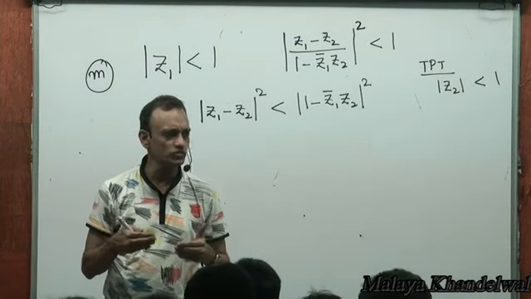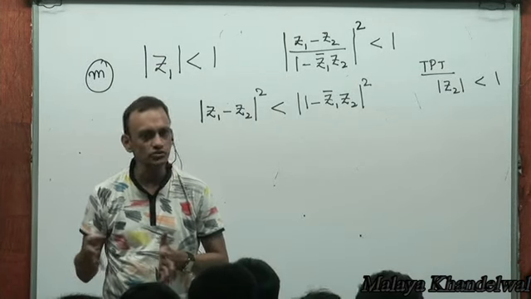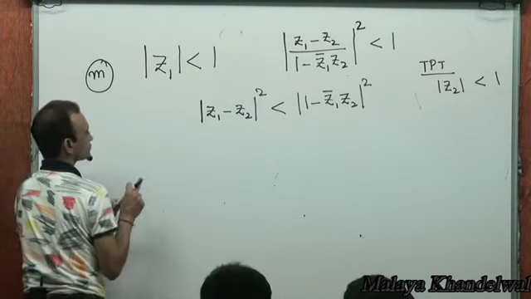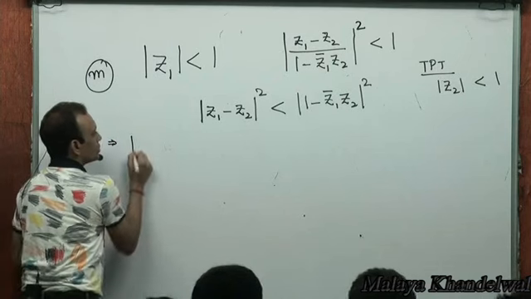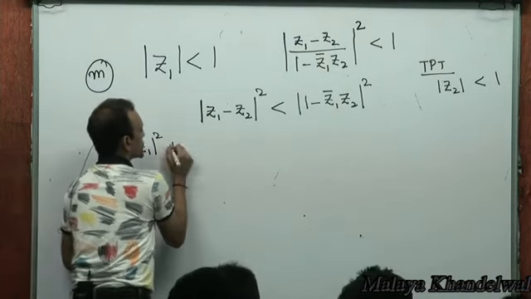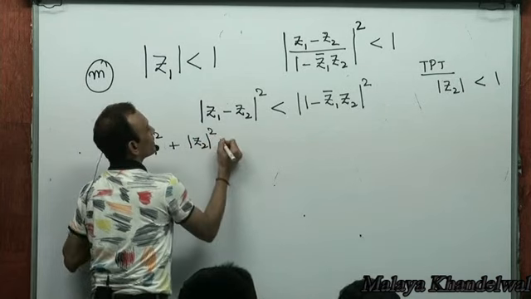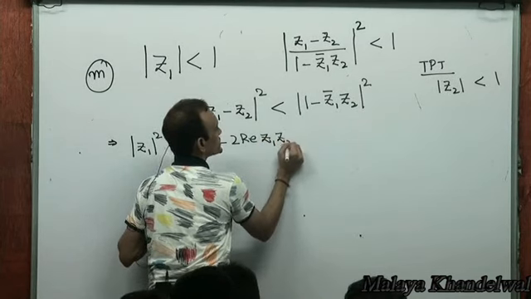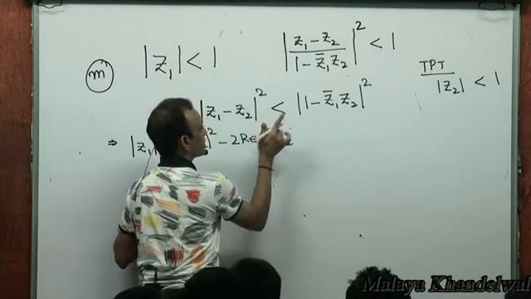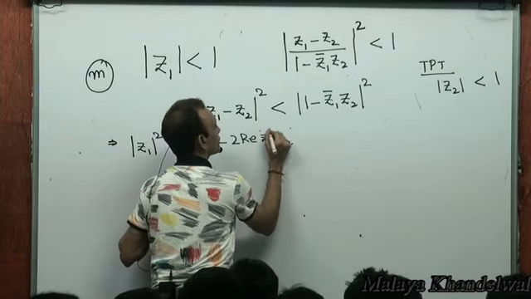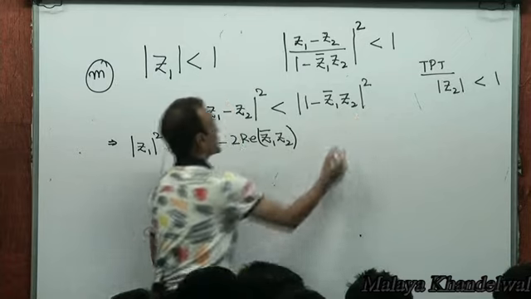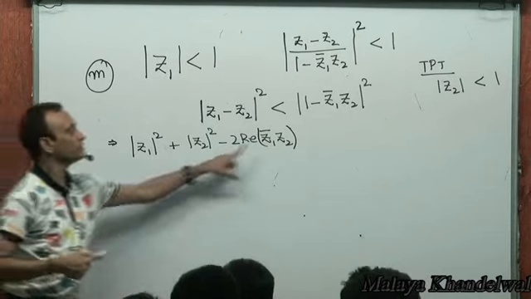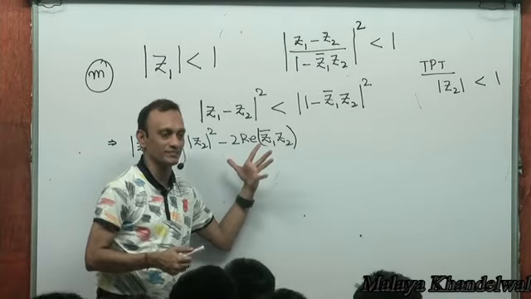Mod z1 squared plus mod z2 squared minus twice real z1, z2 bar, etc. I have given that result, isn't it? So this is like mod z1 squared plus mod z2 squared minus twice real z1 bar z2 so that it matches with this. It will not make a difference, right? Real part of this or real part of its conjugate is going to be the same.